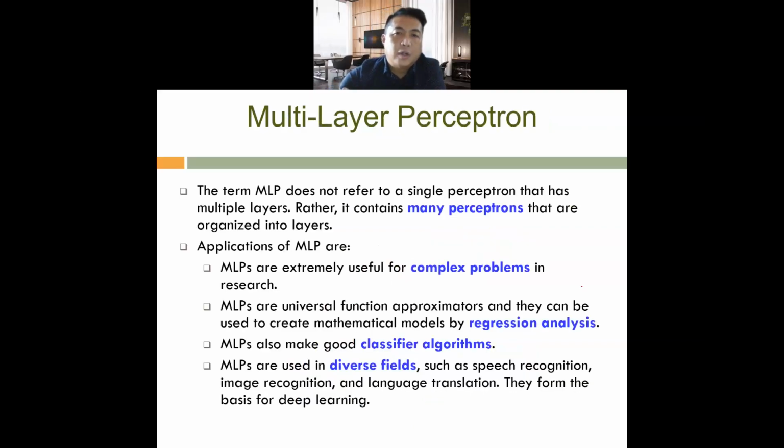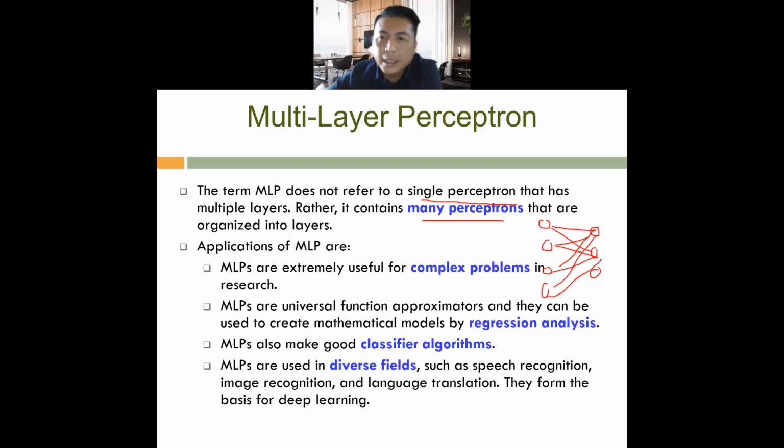So the term MLP does not refer to a single perceptron. Rather, it contains many perceptrons that are organized into layers. You can see that you have a few inputs here, and if you have multi-layer, the first one is this one, and then the second one is this.